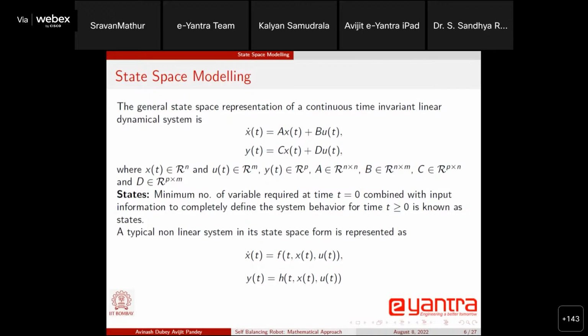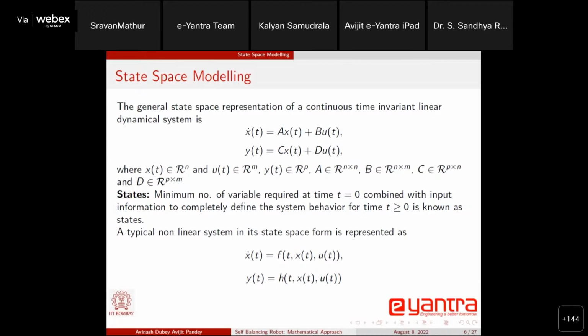If you have n state variables, then x(t) is an element of R^n, and accordingly A will be an n cross n matrix, an element of R^(n×n). Similarly, if there are m inputs, then B is an element of R^(n×m). So this is the general state space representation for the linear time-invariant system.